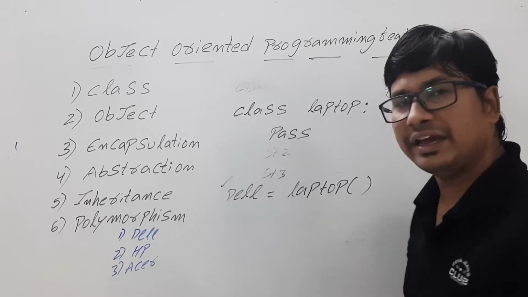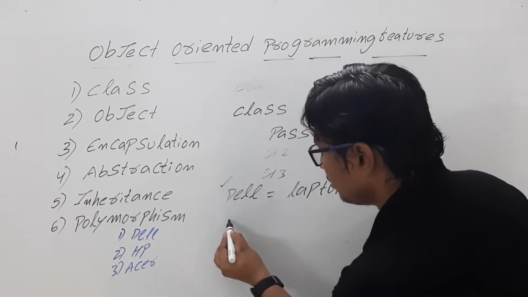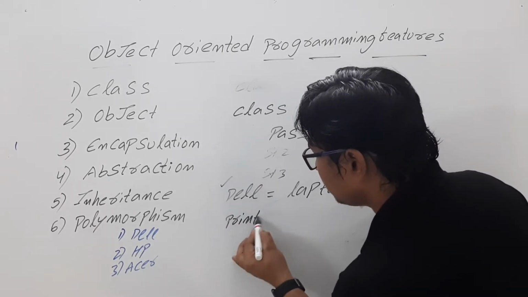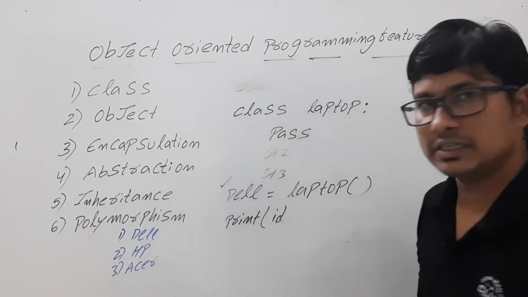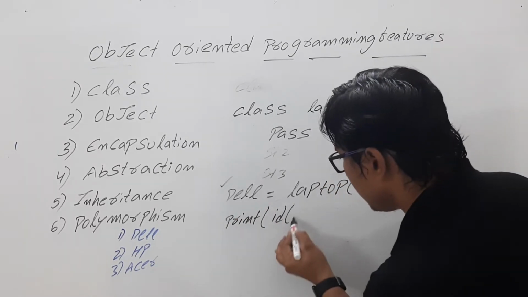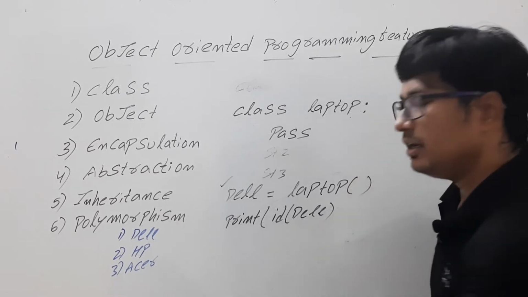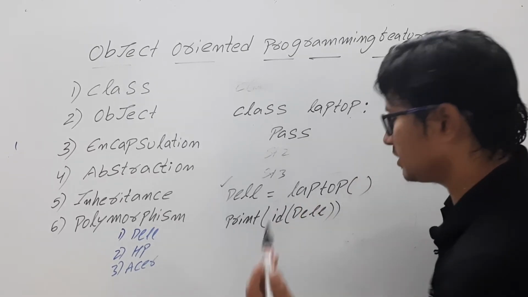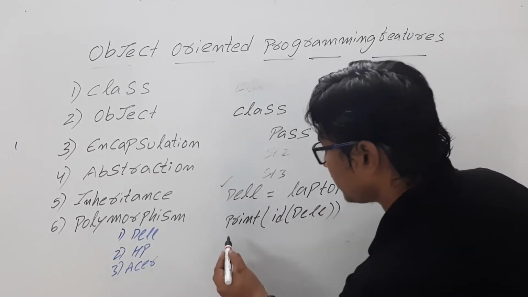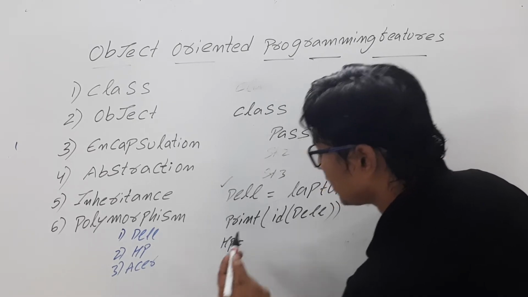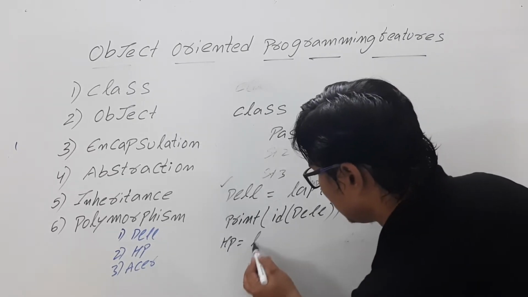If you want to find the memory location where this object is, then you can write print(id(Dell)). Is it clear? id will provide the address, and you provide the name of the object. Similarly, if you want to create another object called HP, then you write HP is equal to Laptop().